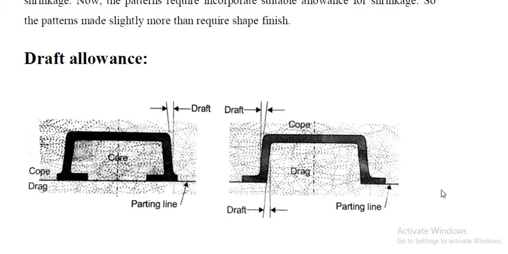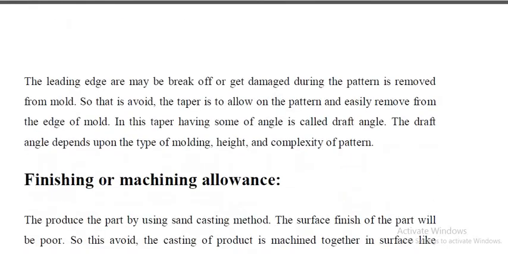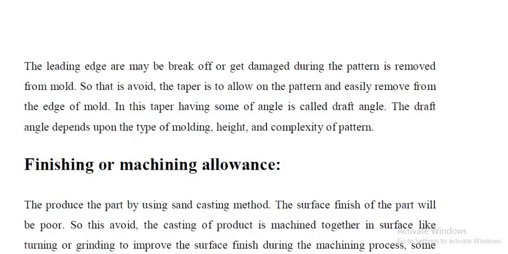This part is also made like this. Because the leading edge might break, to remove this we generally give the draft allowance. So this taper angle is called a draft angle. It depends on the molding type, the height and complexity of the pattern.